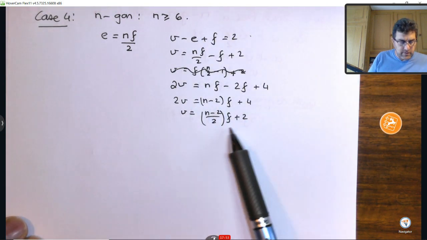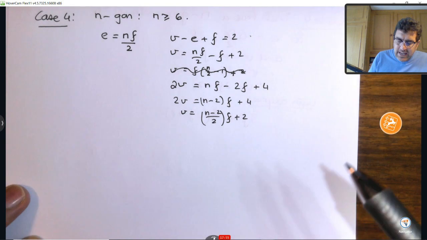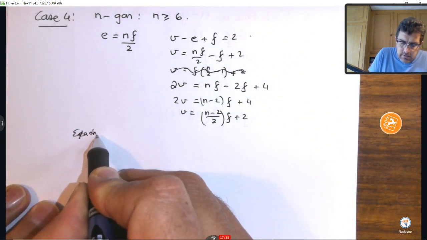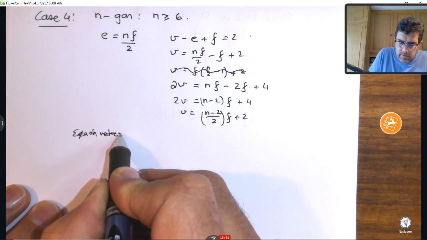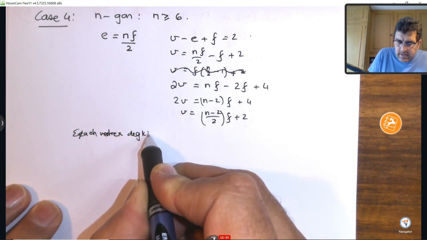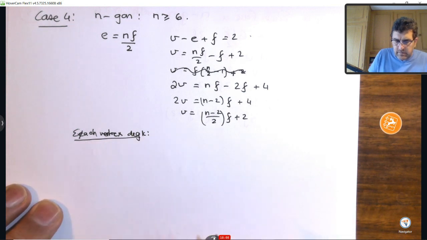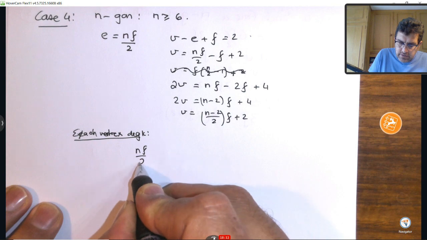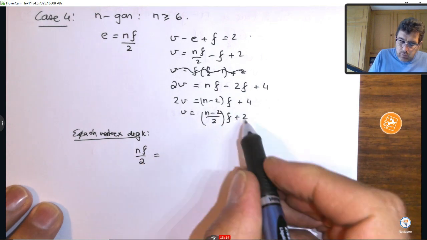Okay, so now we have the number of vertices. Now we are again going to say each vertex has degree k. So what do we know? We know that nf over 2 will then be equal to k over 2 times.